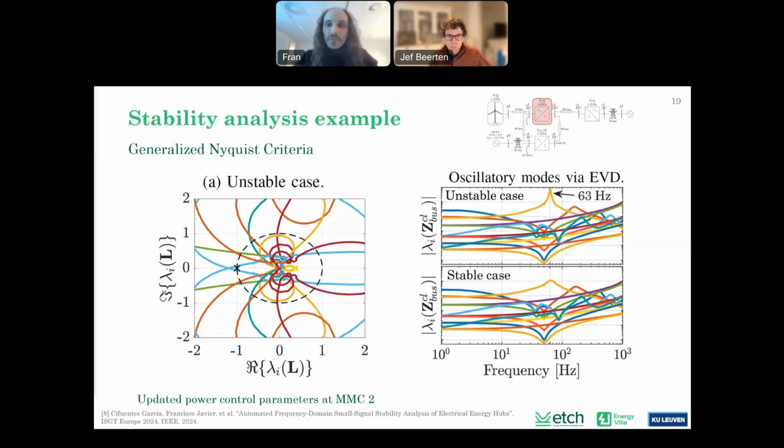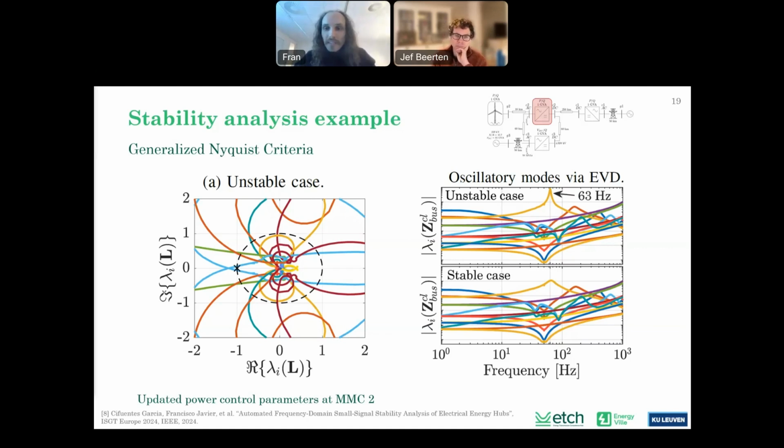So now it corresponds to an unstable case. And furthermore, in the oscillatory modes on the right, we can see a very sharp peak around 63 Hertz. So based on this, we can predict that the unstable case will have an oscillatory frequency of 63 Hertz.